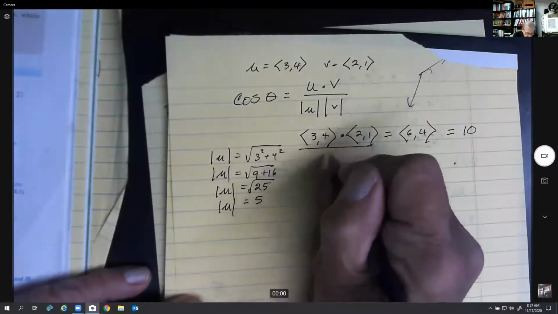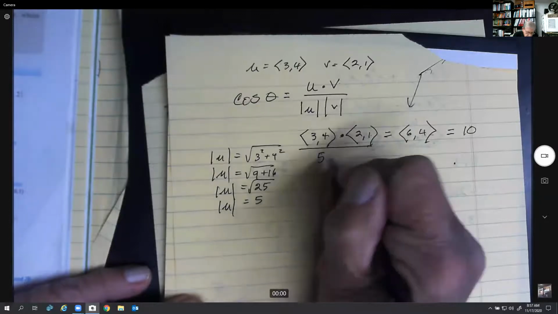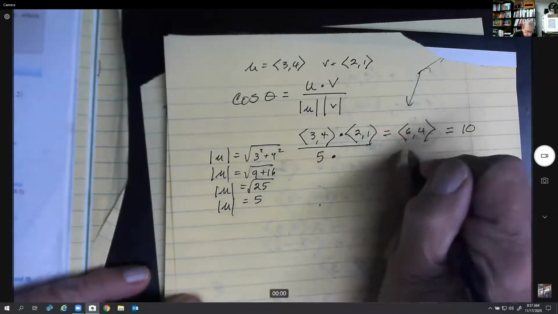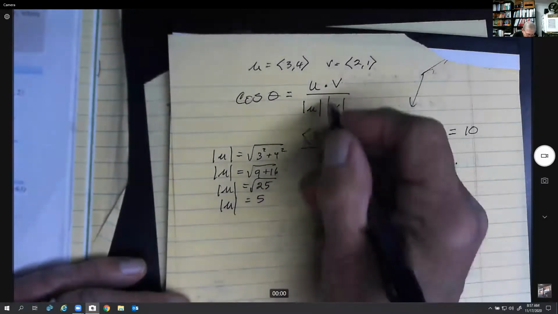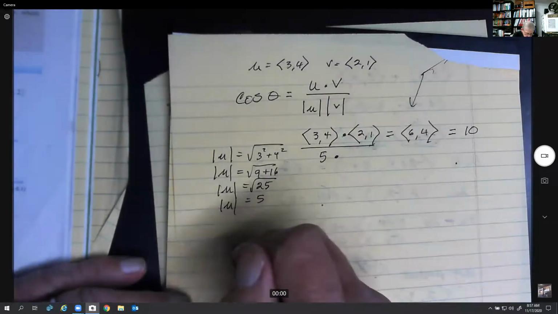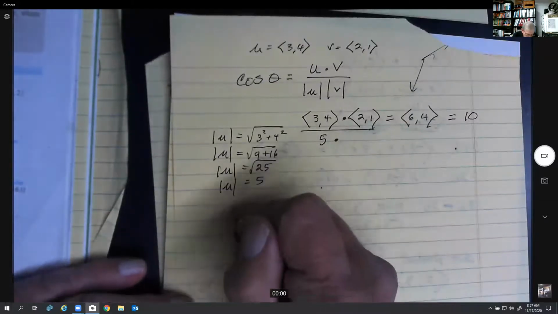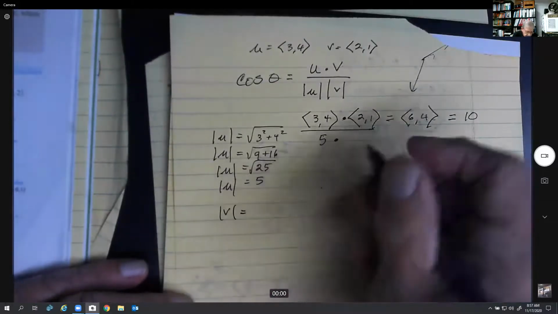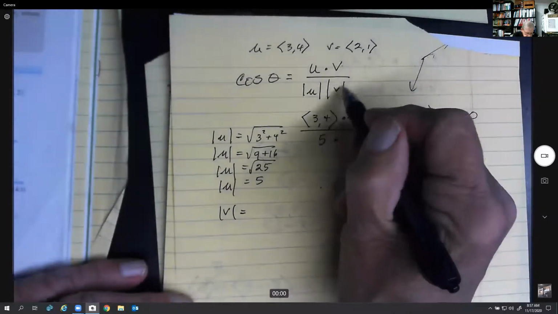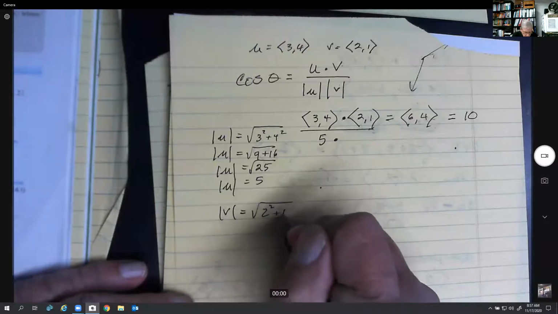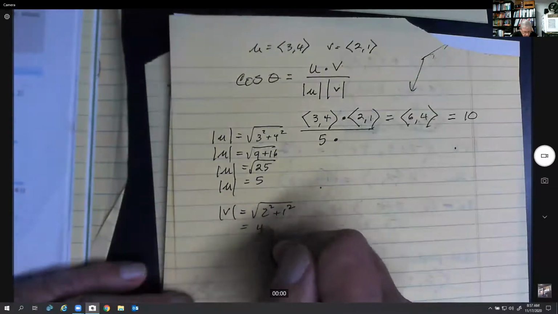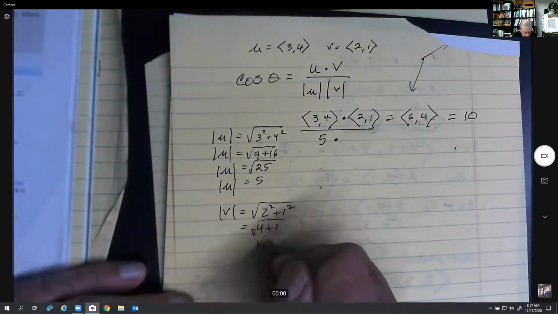U is 5 times, now I want to do the other one, v. Let's do it down here. v is 2 and 1, so this would be 2 squared plus 1 squared, which is 4 plus 1, square root of 5.